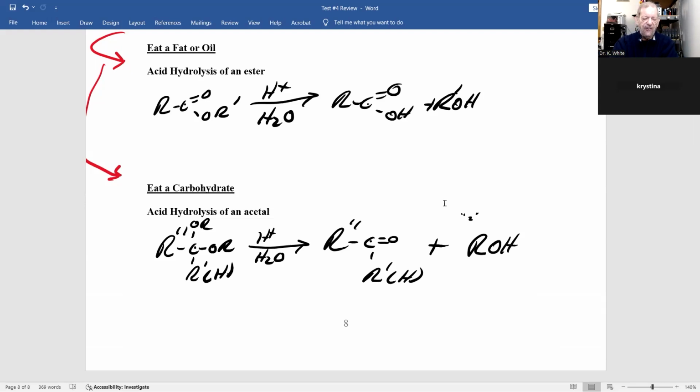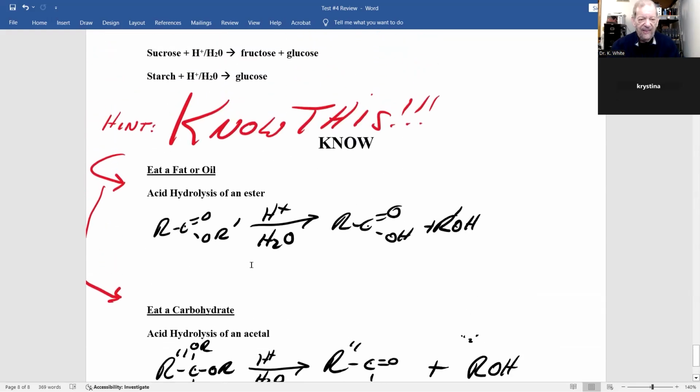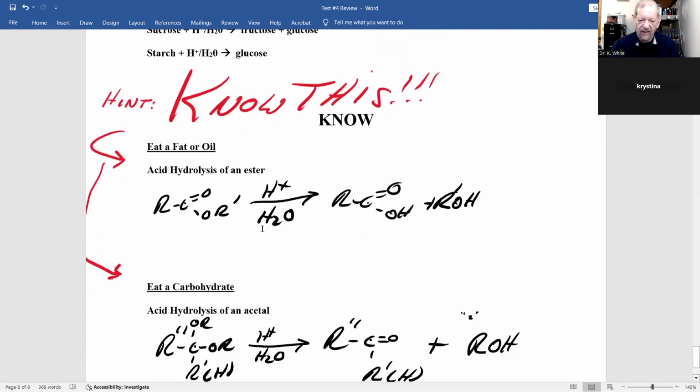For test 2, you learned an acetal or ketal plus acid and water gives back the aldehyde or ketone plus the alcohol you would have used to make that acetal or ketal. So again, being subtle, hint, you should know this.